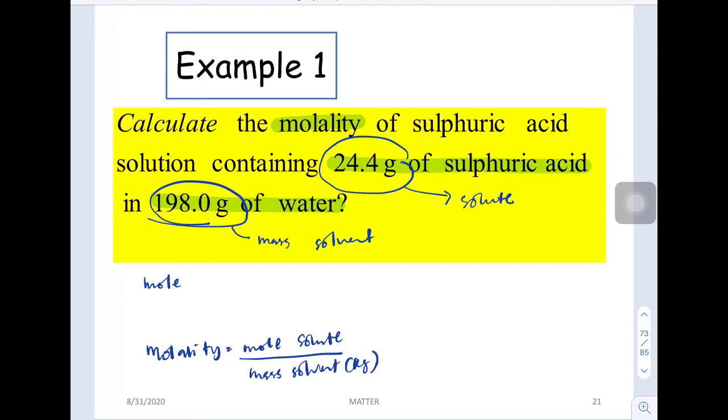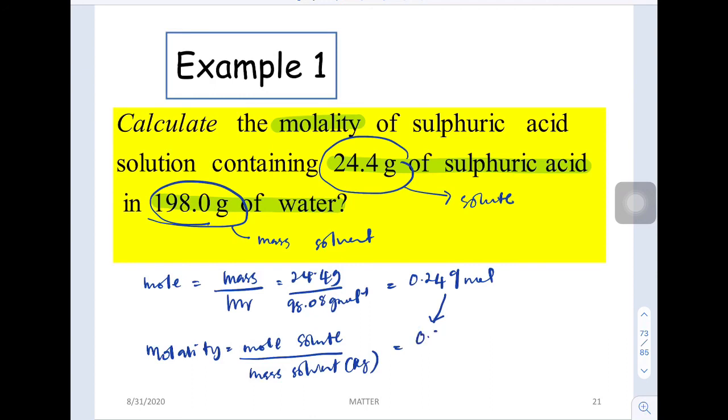So mole is equal to mass over molar mass. The mass of the sulfuric acid is 24.4 gram, divided by its molar mass, 98.08 gram per mole. When we press the calculator, we will get the number of moles as 0.25249 mole. And then we can plug in the value to the next equation, molality.